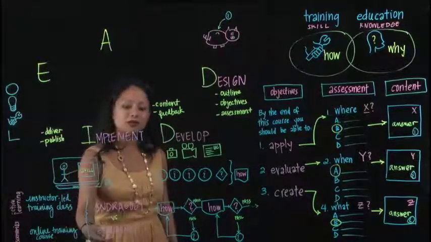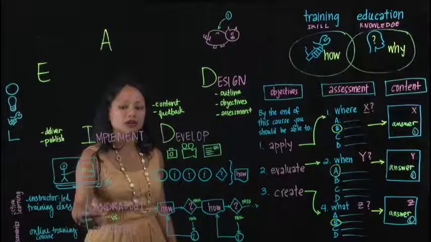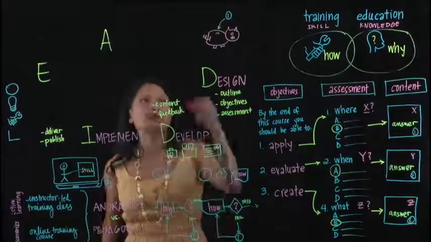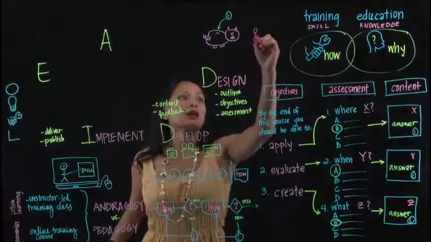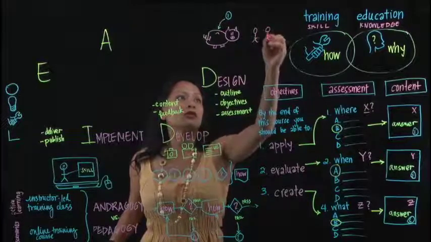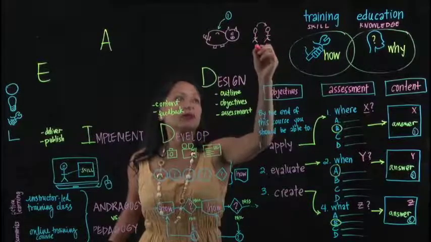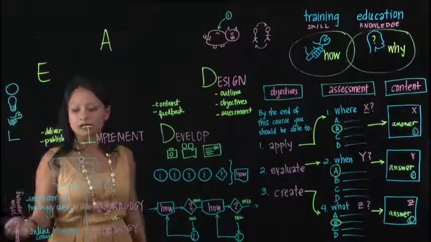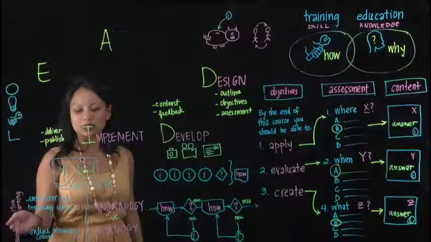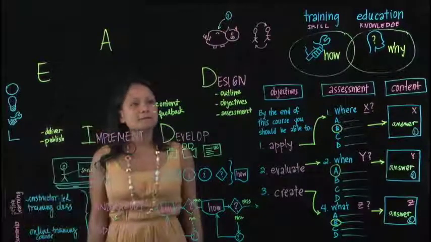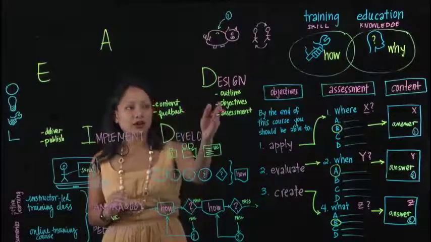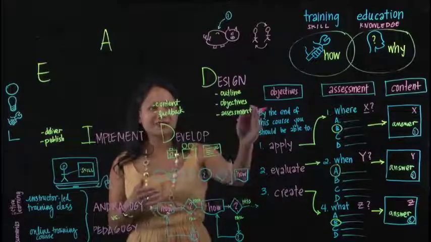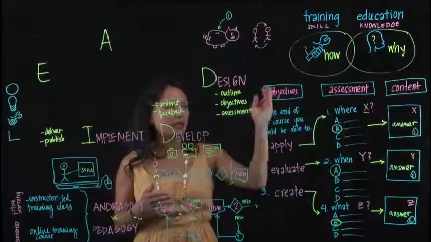And so instead of focusing on traditional pedagogy, try to focus on andragogy. The way that you can do that is to take yourself out of the role, again, of teacher and become a co-creator of knowledge. And you do that by incorporating active learning techniques in an instructor-led class or scenario-based kinds of training in an online course. So again, you want to initially design your courses with the end in mind, creating the objectives, identifying assessment, and creating your content.